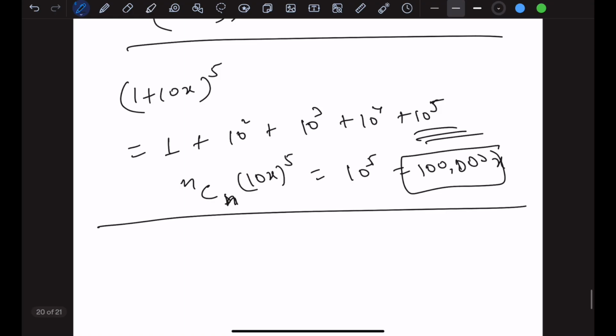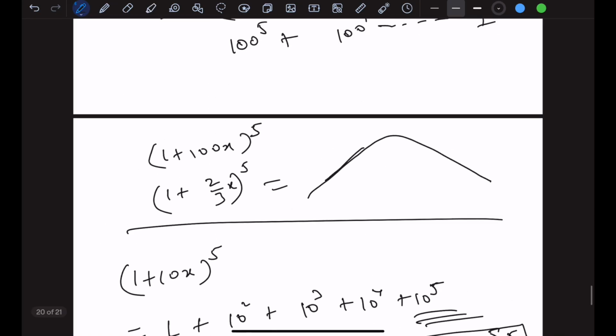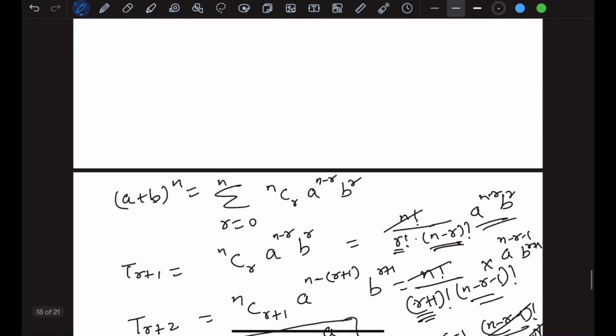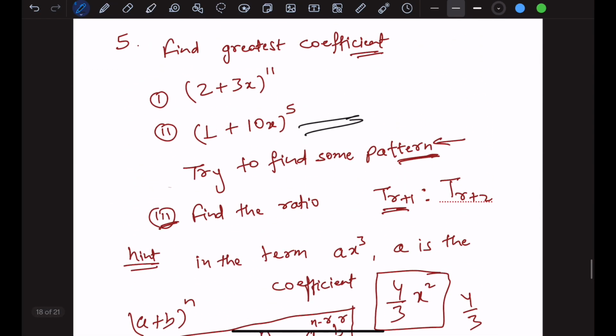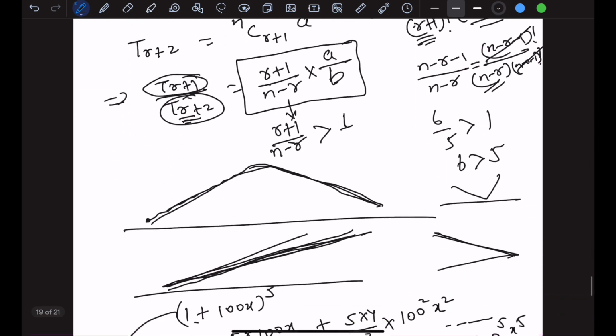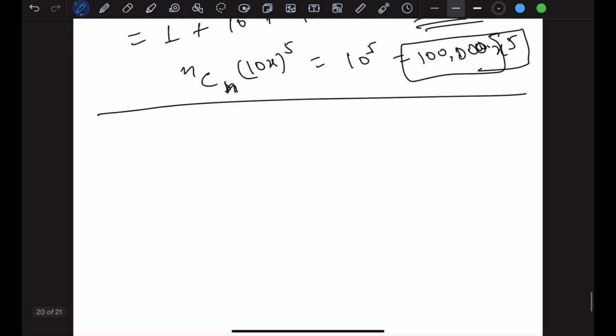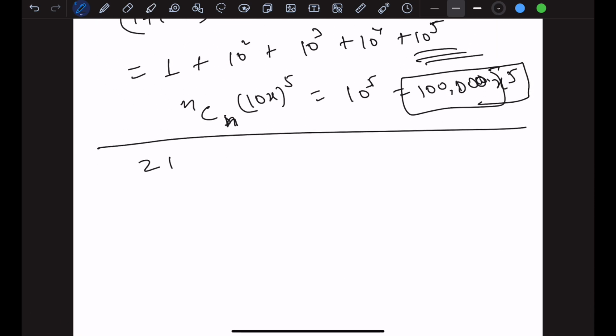Basically 100k x to the power 5. This is my term which will have the greatest coefficient. What was my second question? 2 plus 3x to the power 11.